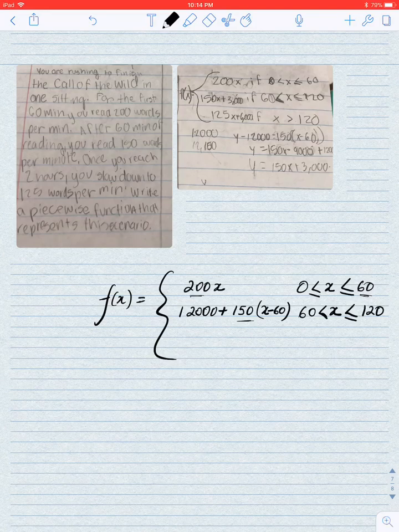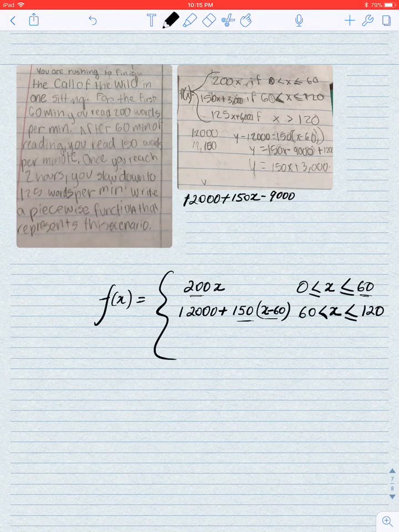Now, if you try to work this out, let me do this over here. Let's call this my scratch area. I'm going to say 12,000 plus 150x, and x minus 60, so 150 times 60 is going to be 9,000, so minus 9,000.